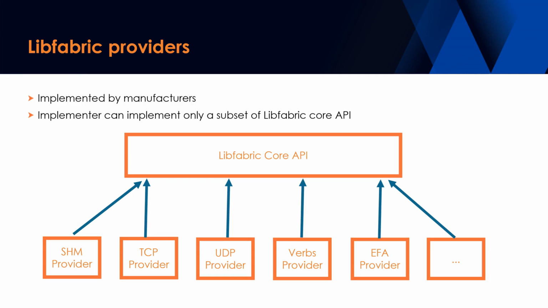The providers are implemented by multiple manufacturers. You can have shared memory providers, TCP providers, UDP, verbs, which is RDMA, EFA if you use AWS, or you can even extend that and build your own. If you want to do, let's say, 2110, it's up to you. You can do that, and then we'll have a common API to access your stuff.